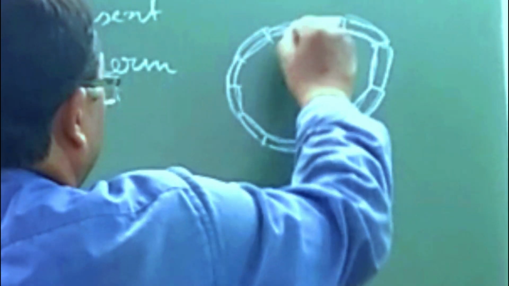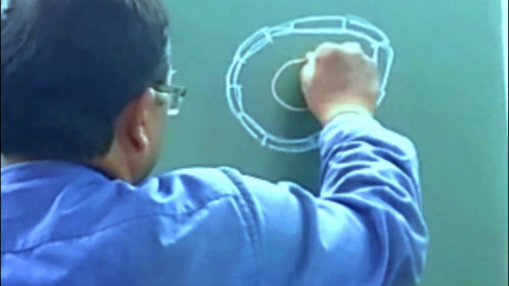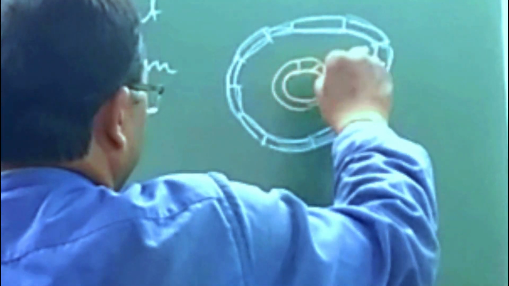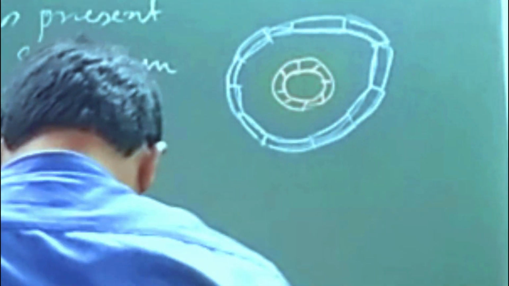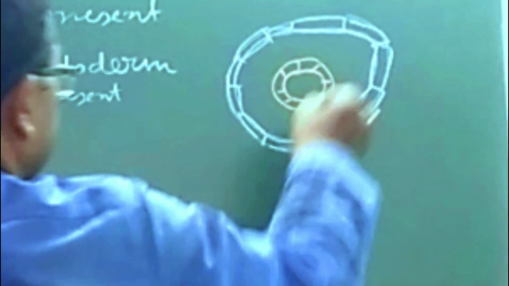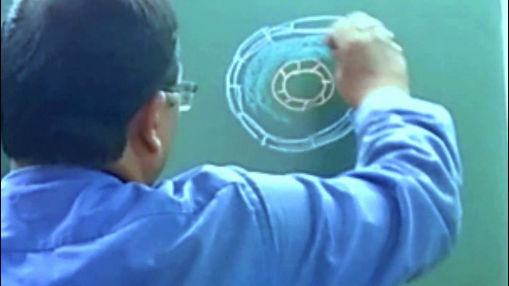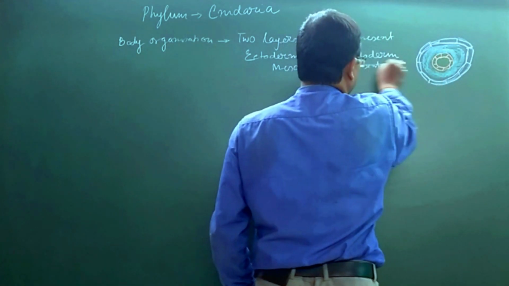Inside the ectoderm, the inner layer is the endoderm. This is the endodermal cell layer. In between the ectoderm and endoderm, some jelly-like substance is present. This is called mesoglea.